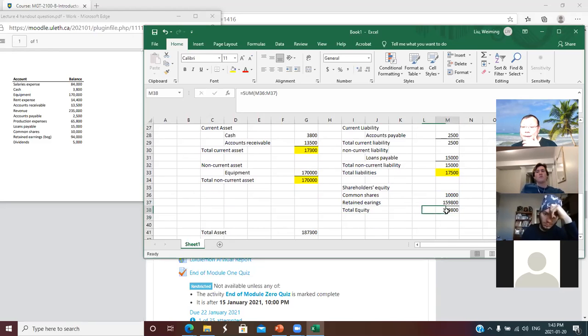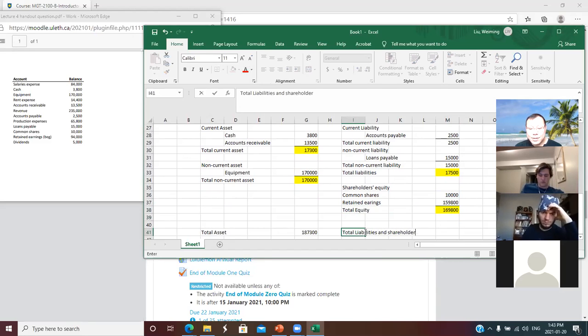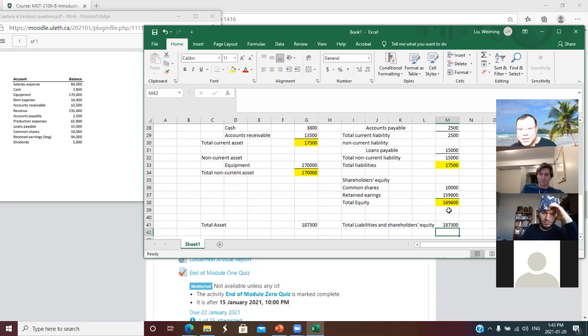Now, what is the total liabilities and shareholders equity? That will be this number, total liabilities, plus total shareholder equity.